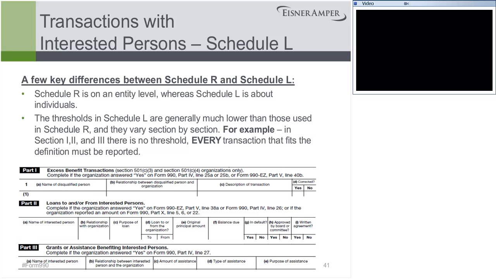And one of the things that they ask is, was this approved by the board or a committee? And the reason why that's such an important question is because people don't realize if you use the corporate credit card for personal use and you forgot to pay back the organization by the end of the year, that's a loan, right? Technically, every time you're using the corporate credit card, you're taking a loan from the organization.